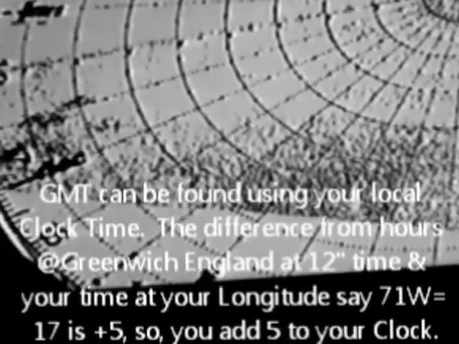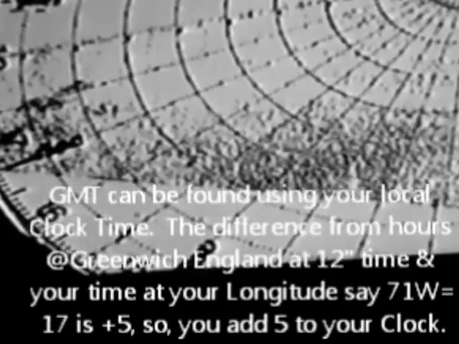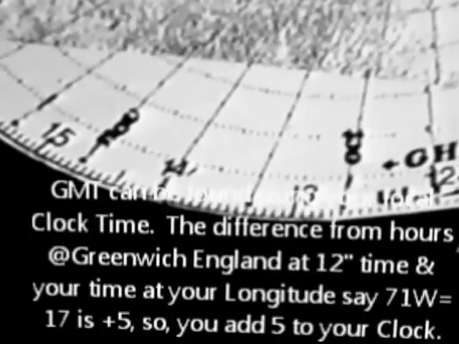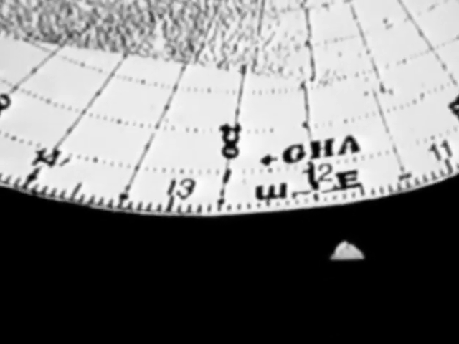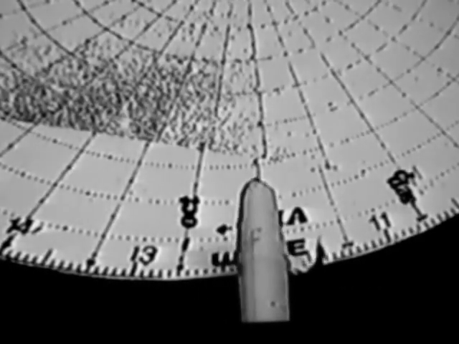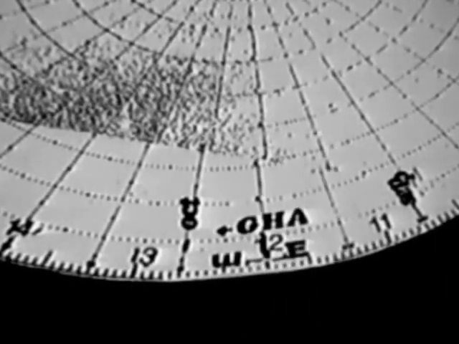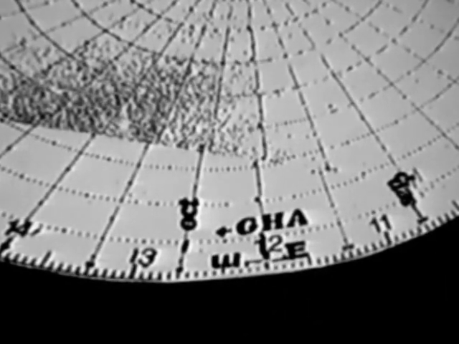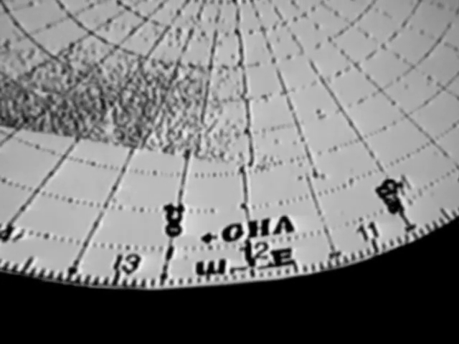So this will give the time at Greenwich, England. And this happens to be where Greenwich, England is. Notice degrees and time. We'll go into those a little more later.